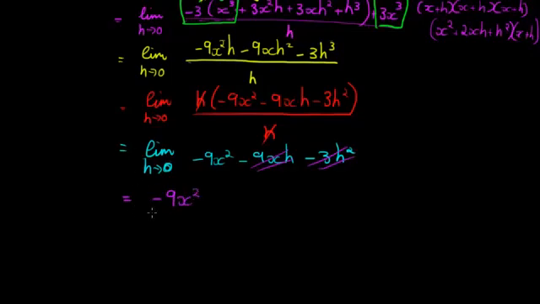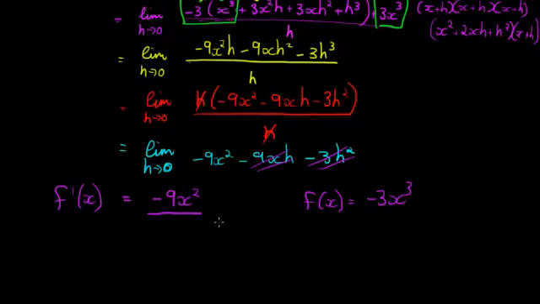Notice I've left out the limit now because I've done my substitution step. This is it. The derivative of f(x) equal to negative 3x cubed is negative 9x squared. In other words, this is a formula for the gradient at any point.